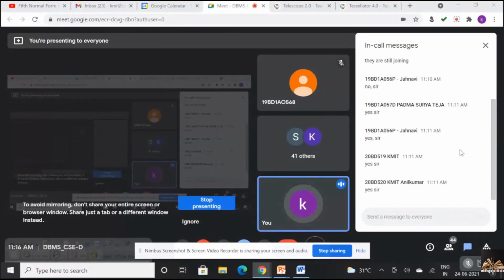Then we spoke about what we mean by multi-value dependency. In order to have multi-value dependency, you should have a minimum of 3 columns in a table.